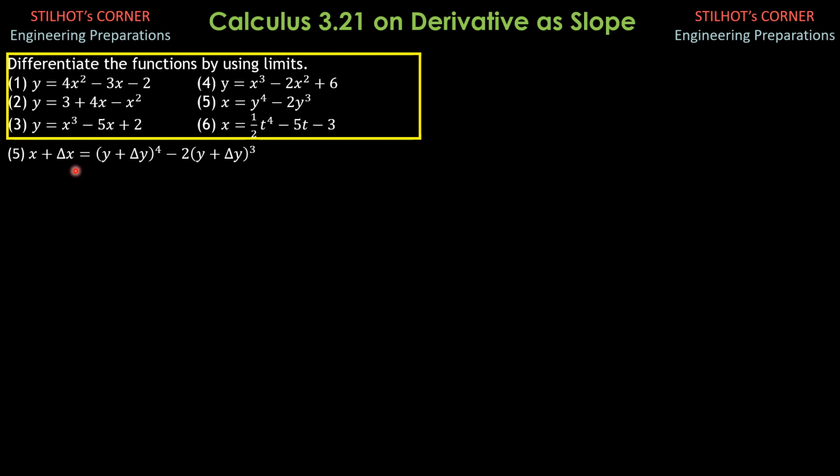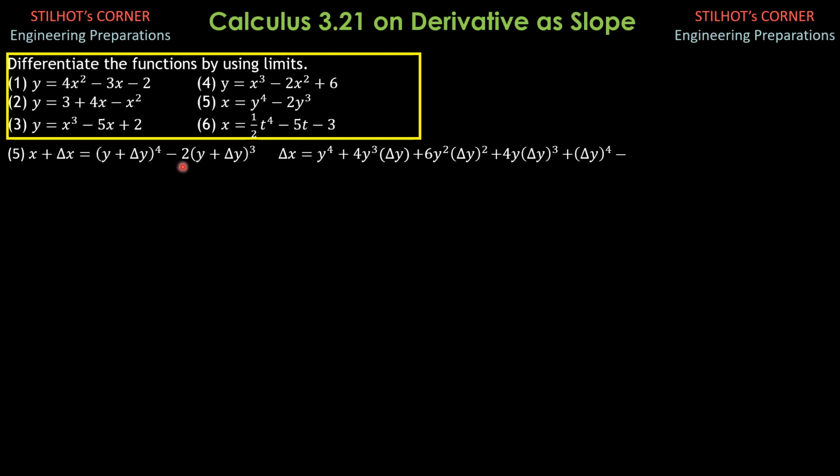So delta x is equal to y to the fourth plus 4y cubed delta y plus 6y squared delta y squared plus 4y delta y cubed, then plus delta y to the fourth.